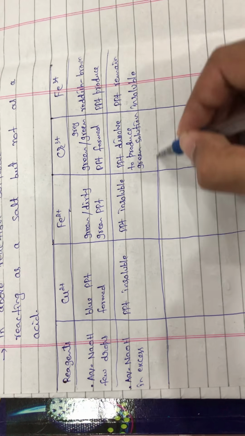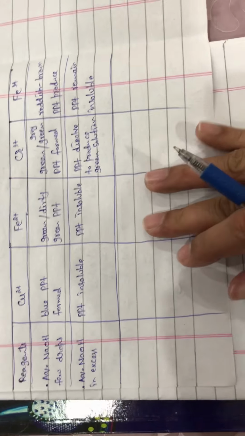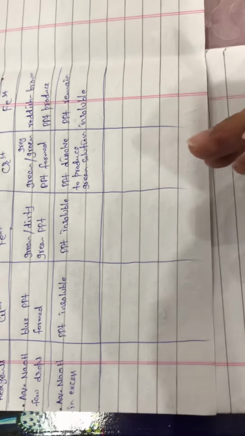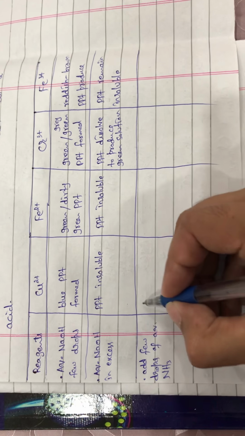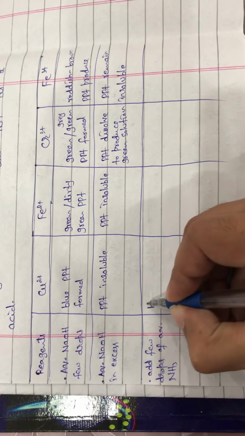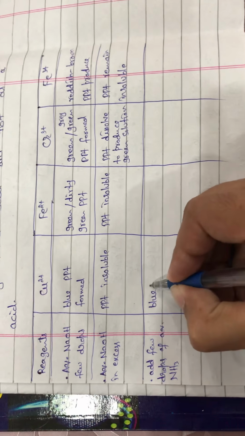Next, now the second reagent we will add in the second portion of the solution. Add few drops of aqueous ammonia. We are going to add few drops of aqueous ammonia in the second part of the solution, and for copper 2 ions, blue precipitate produced or formed.